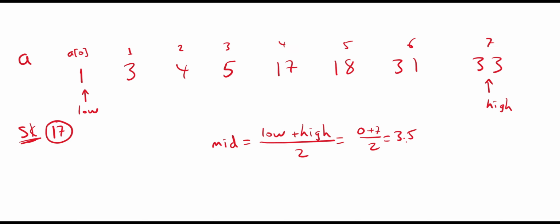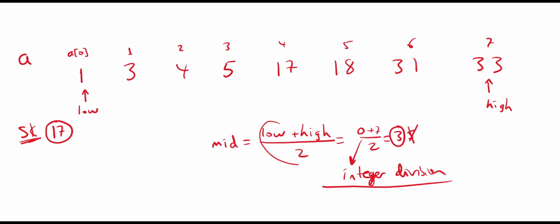Actually, mid will be an index also, and we don't have this type of index, so we need to remove the fractional part. Therefore, here division is integer division. When we make integer division, it removes the fractional part and only gets the integer part. So mid is equal to 3.